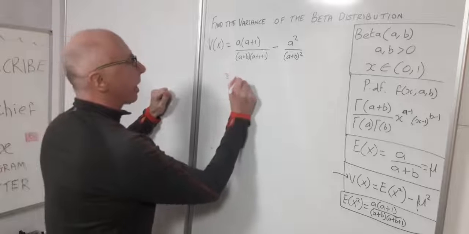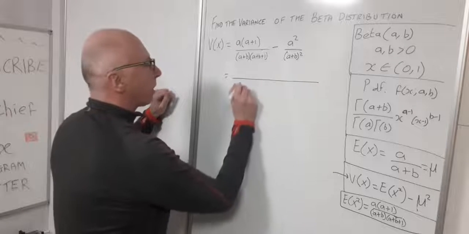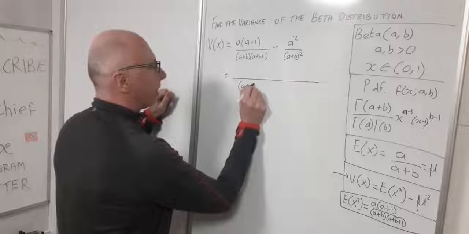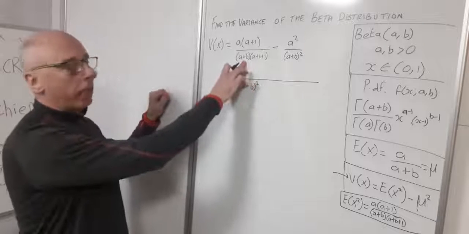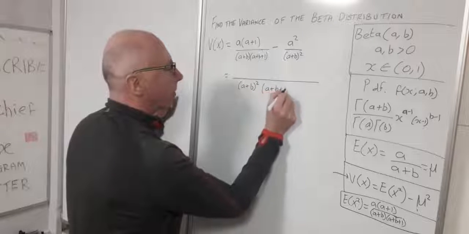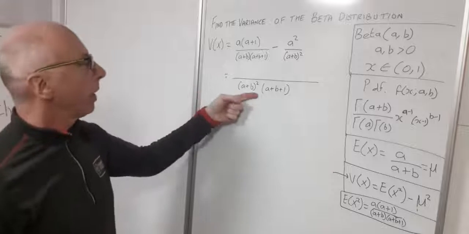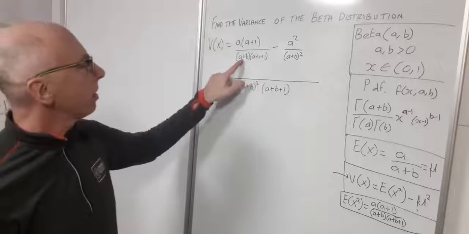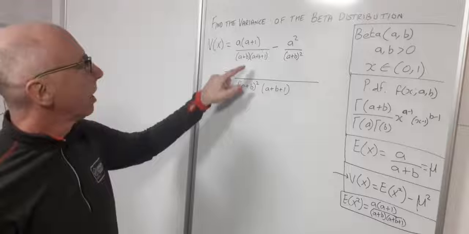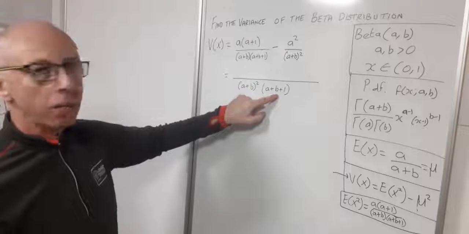So we'll write this now as one big fraction. So a plus b squared, I'll write that first. Hence I've got an a plus b here, and then multiply that by a plus b plus 1. So now, if I've got a common denominator, I need to try and get this the same as this one. So if I multiply top and bottom by a plus b, that's how I will get that.